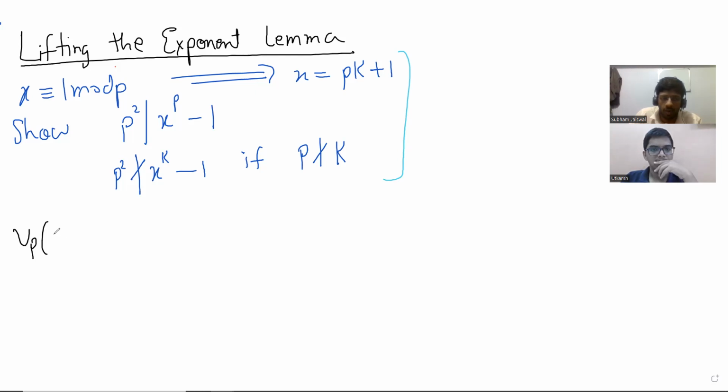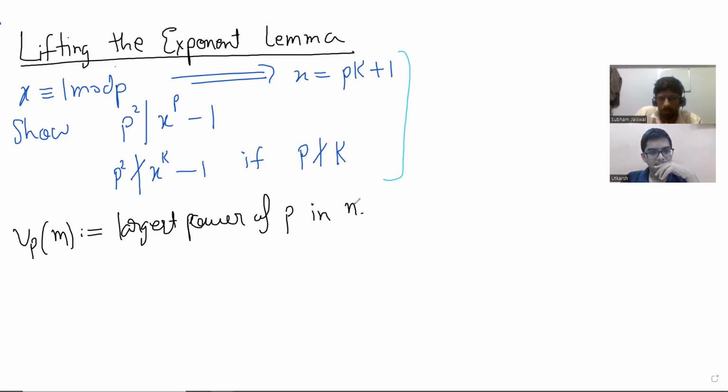That v_p of M is by definition the largest power of p in M. This is just a notation, okay?